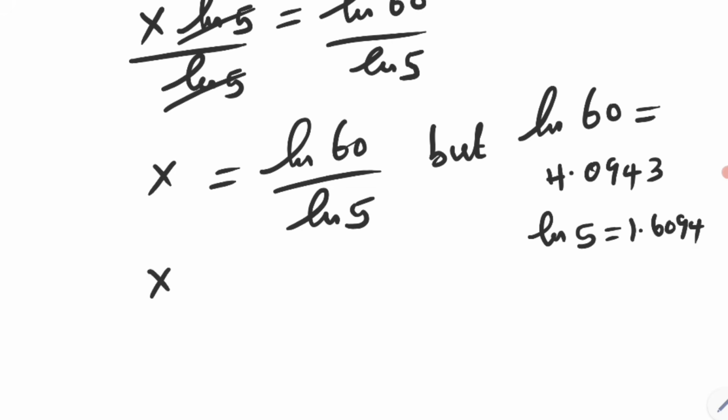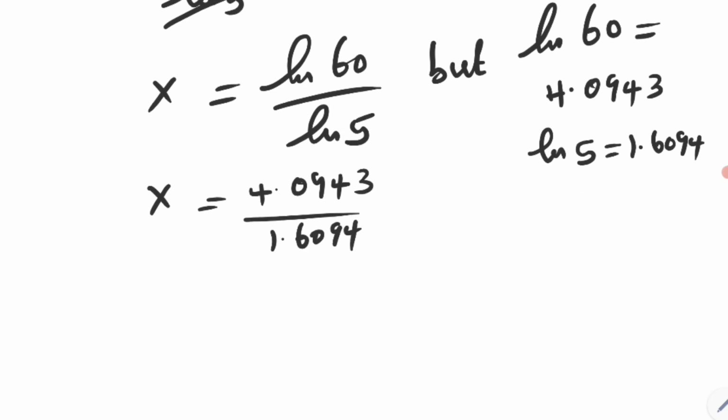Then s is equal to 4.0943 over 1.6094. If you divide 4.0943 by 1.6094, we have 2.54, and this is the value of s.